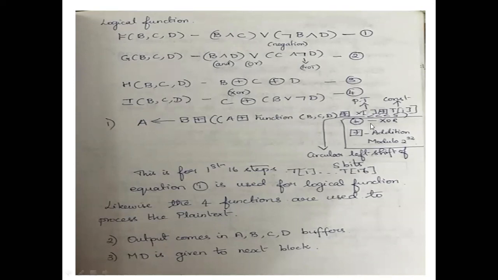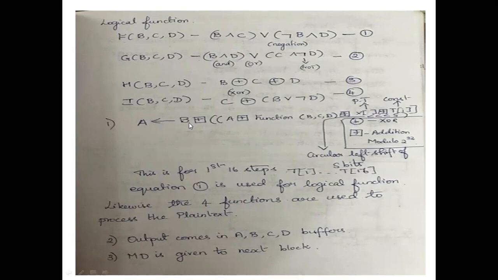Here, this is the XOR symbol and this is the addition modulo symbol. There is a difference between these two. In these logical functions, we are using XOR values only. Now see this equation. There is one big equation, number 1, which is calculated for every step. This is for step 1, and likewise it will be calculated for all the steps. So what is this equation?